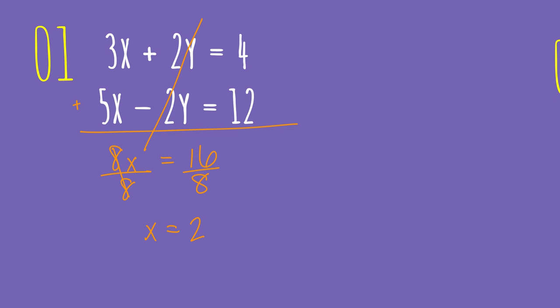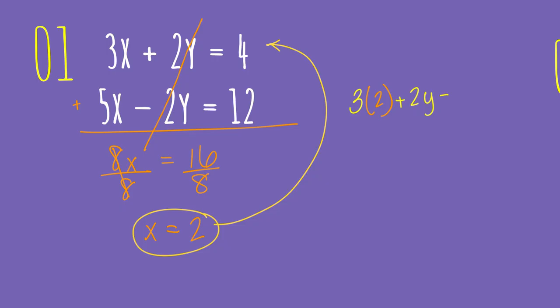Plugging it in to either one of the originals, it doesn't matter which original you want to plug it into. But in this case, I'm just going to go ahead and plug it into the first one because I have some smaller numbers. So now I'm going to have 3 times 2 plus 2y equals 4.